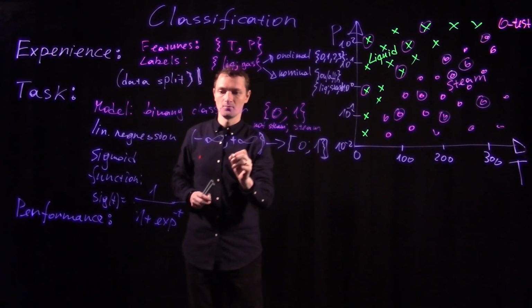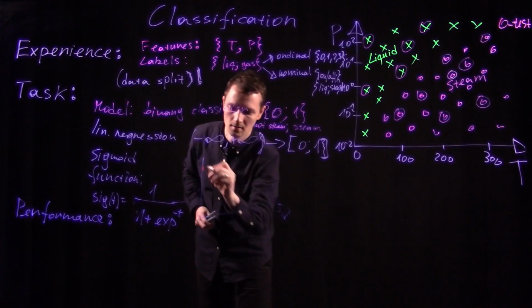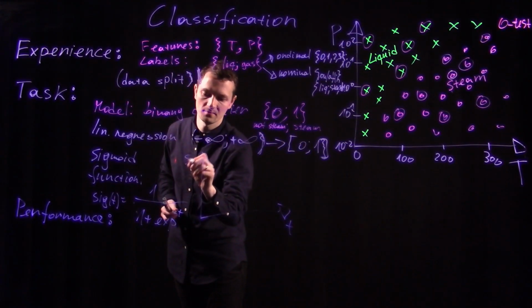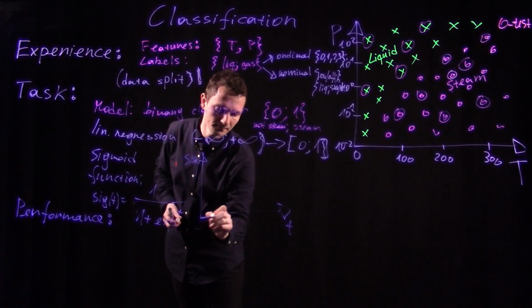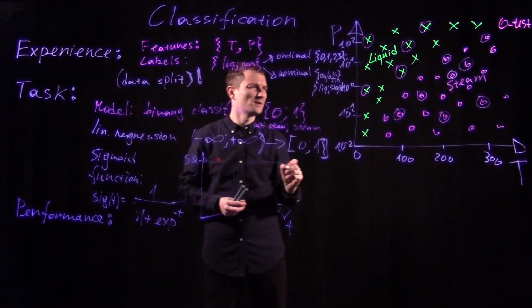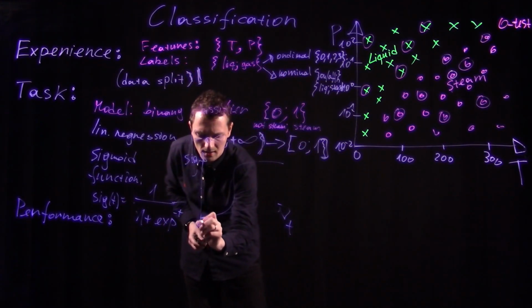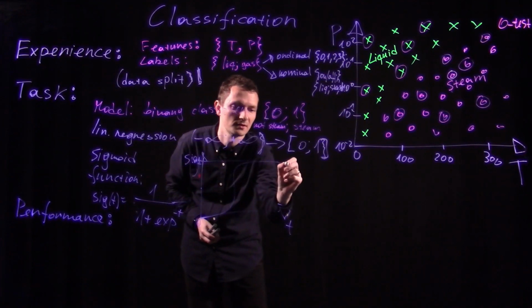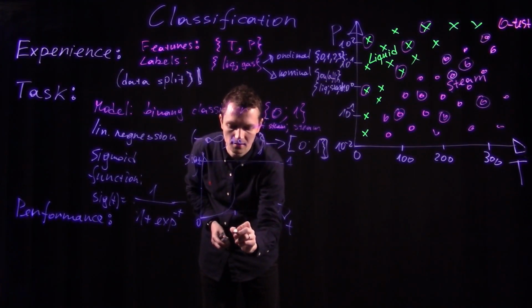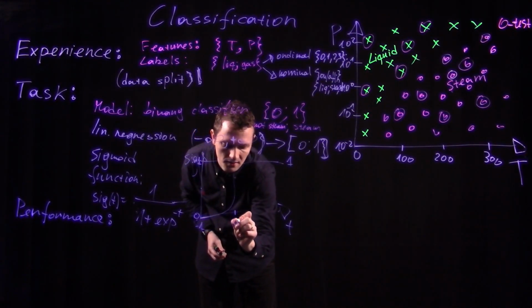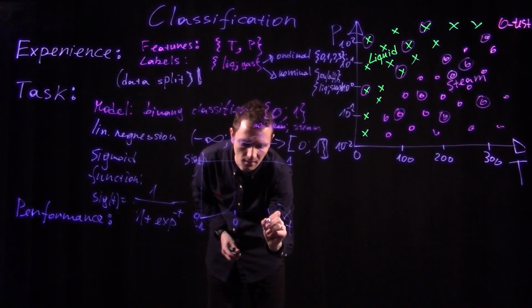And it looks like this. So we have t as our input parameter, and we have our sigmoid function, where we have the values from 0 to 1 as output. So here's 1. And here we have from -1, here we have 0, and here we have 1, and further.